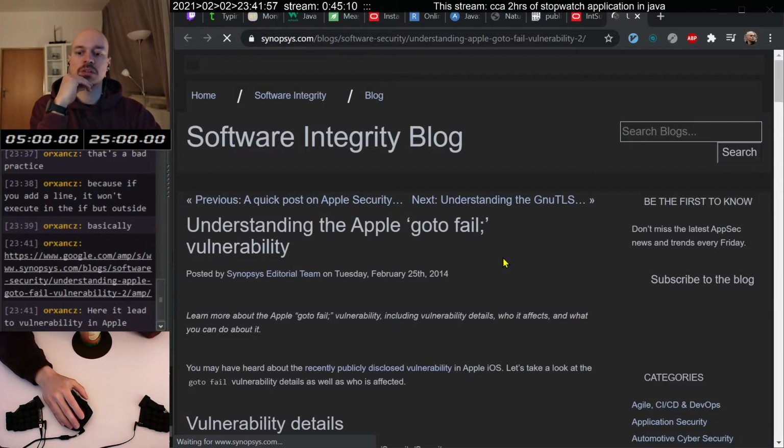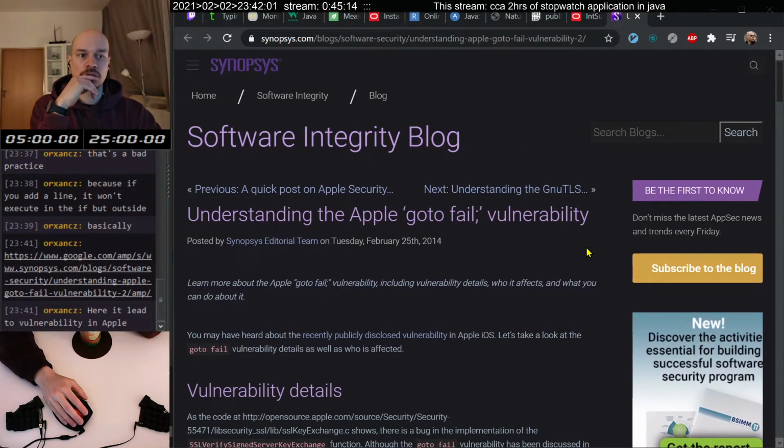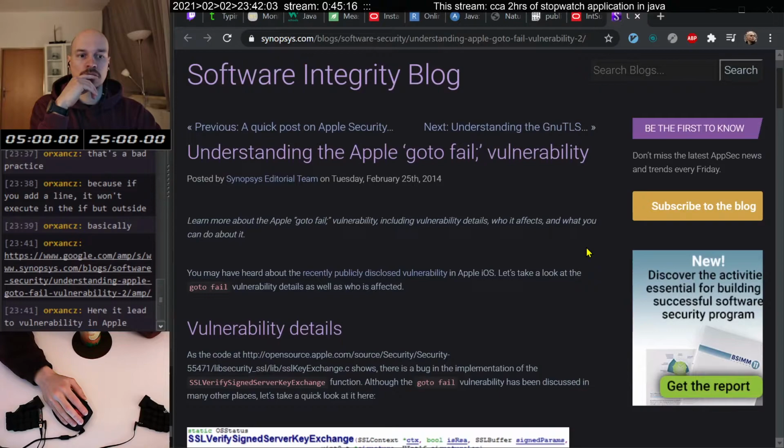It led to a vulnerability in Apple. Okay. Understanding the Apple goto fail vulnerability.